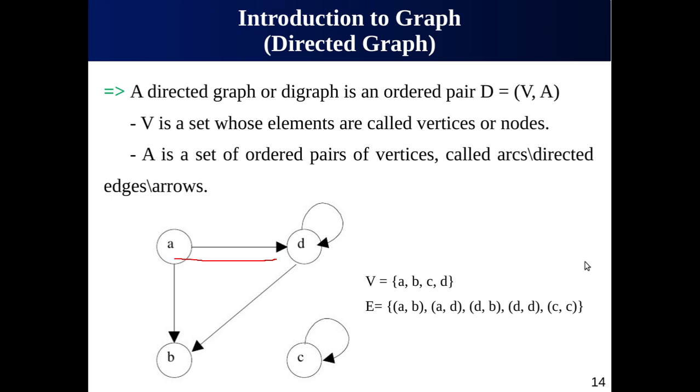Finally, a concept here is that of the isolated vertex. If there is no edge starting with it which leads to another vertex, then it is known as an isolated vertex. In this case, C is an example of an isolated vertex.